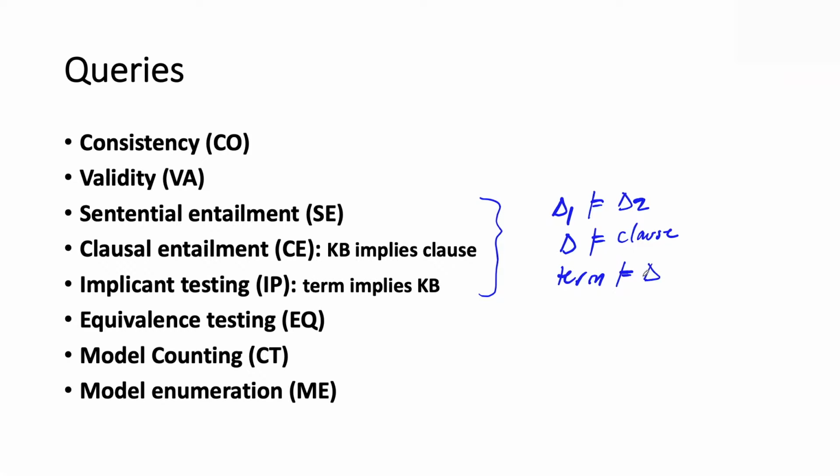These distinctions are made because the first type, which includes the other two in a sense, can be more difficult, and the other two types can be easier. They still have applications, and sometimes we can do this but cannot do that, and it's useful to know that. And then there is equivalence testing, testing whether two circuits are equivalent, model counting, and model enumeration.